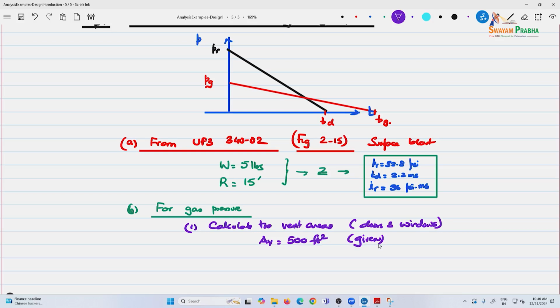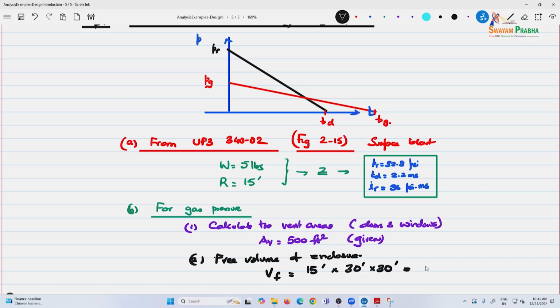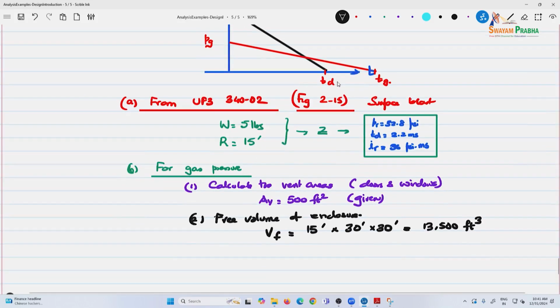If not, you can calculate those areas. Next you find the free volume of the enclosure. We call that VF. In this case it is the ceiling height multiplied by the base area, 30 feet by 30 feet, so this is 13,500. The process is again fairly straightforward.